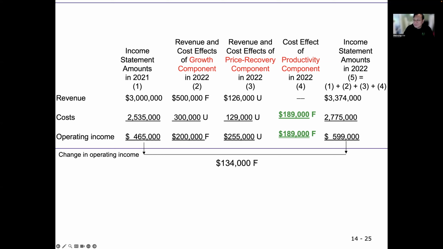Where does that favorable increase come from? From the growth, price recovery, or productivity component. This will tell us more information, and managers can make decisions based on this analysis.